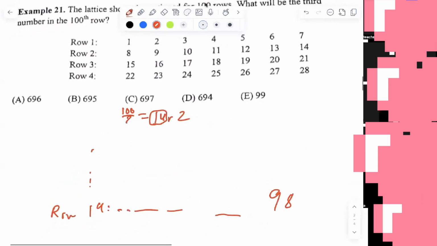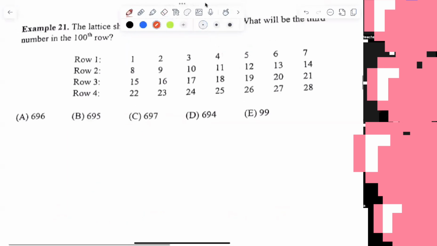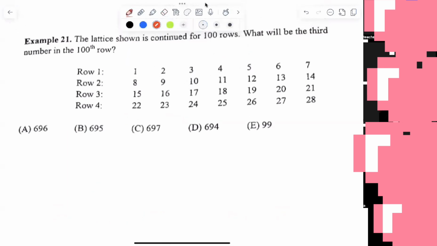So now, with that in your mind, we can go down and solve this problem. We want to find 99 times 7 first, because we want to find the last number in the 99th row. 99 times 7 is 693.